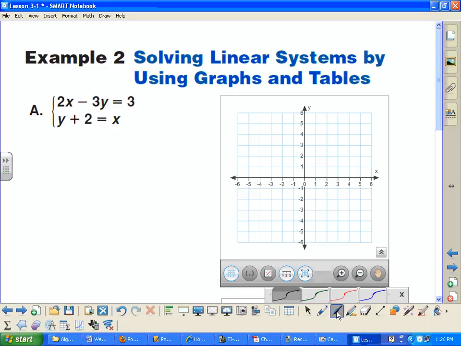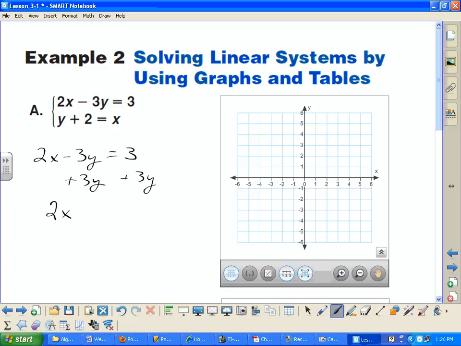So the first one, 2x minus 3y equals 3. I'm going to solve that for y. I'm actually going to add 3y to both sides first, just so my y is positive. Does it matter? No, not really.